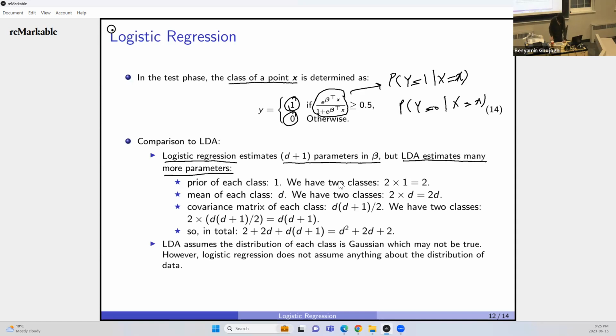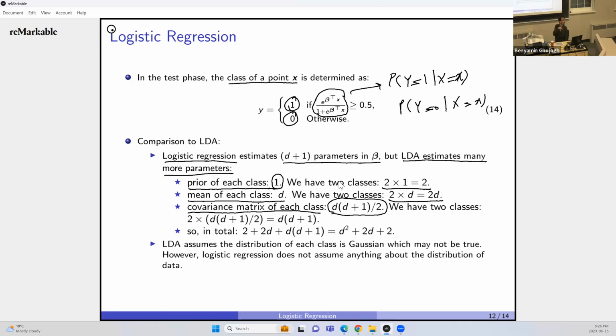Like what? If you recall the LDA lecture, it estimates a prior for each class, which is a scalar. Therefore, with two classes, 2 times 1 is 2 parameters. We also have the mean of each class, which is d-dimensional, and we have 2 classes, so 2d parameters. And the covariance matrix of each class is d times d plus 1 over 2 parameters.